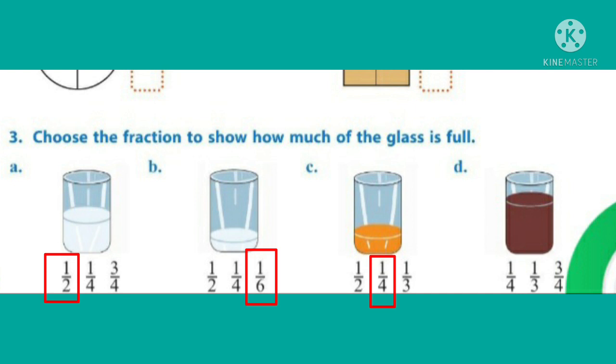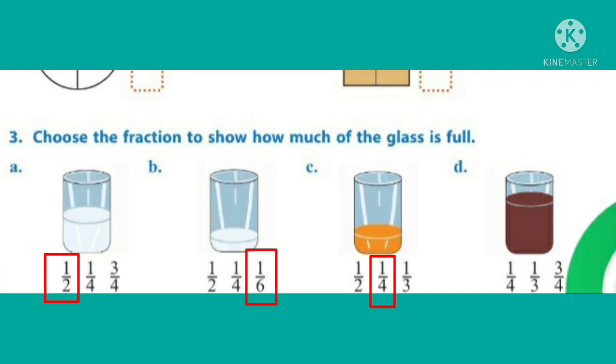Now look at the glass D. There are 4 equal portions in which 3 portions are filled with water, isn't it? So the answer is 3 by 4, which means 3/4 of the glass is full.